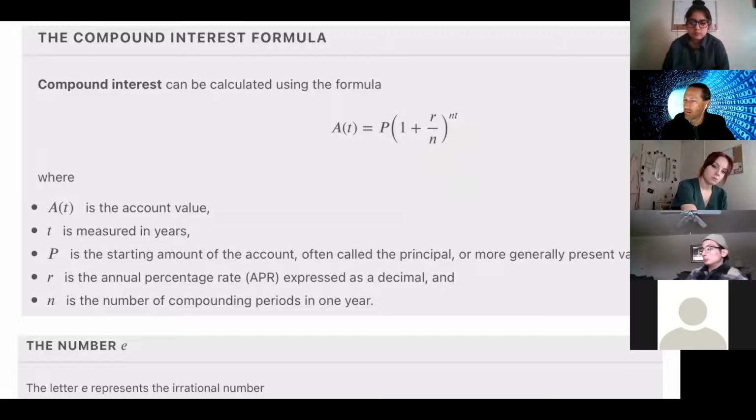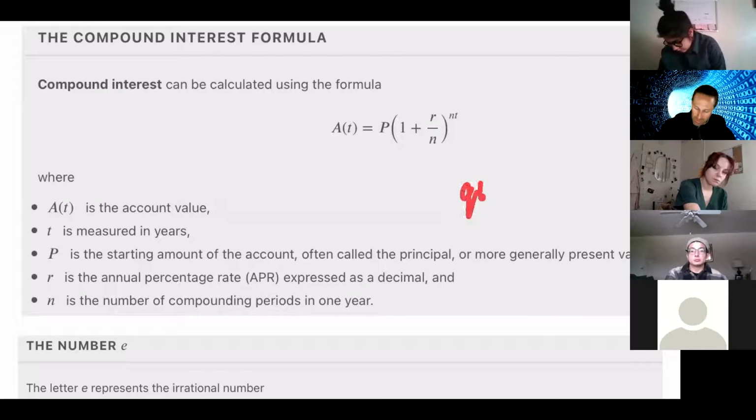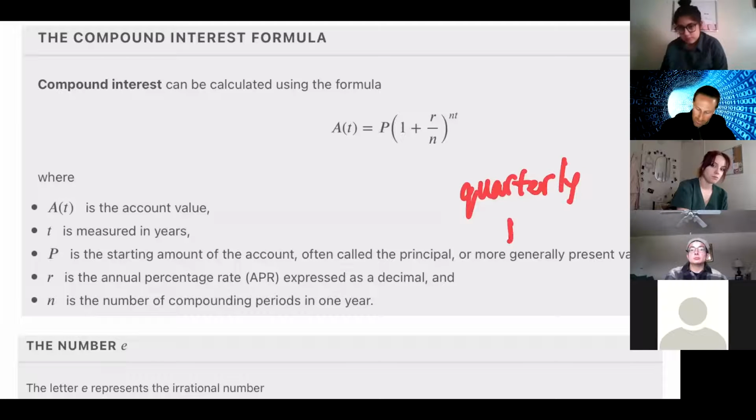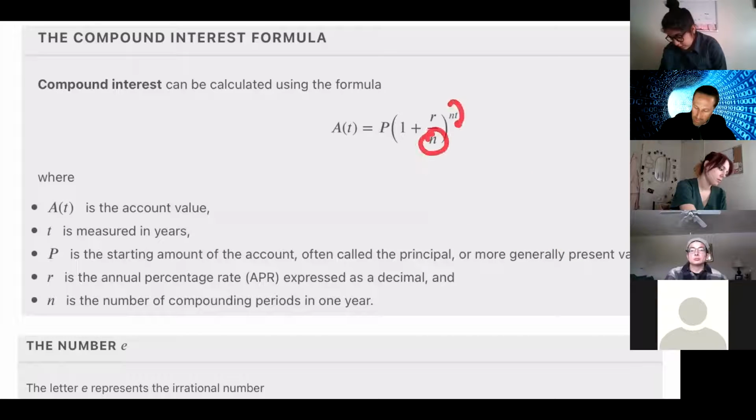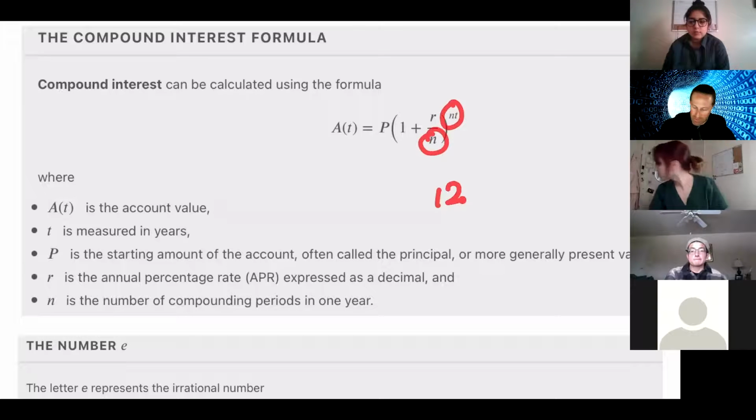What would be better? Instead of them only giving you interest every month, what would you prefer? Quarterly. Quarterly is actually worse. Oh, it is? Quarterly means 4 times a year. I would rather them pay me, and we're talking about in your savings or whatever, instead of 12 times a year, monthly, how about daily?